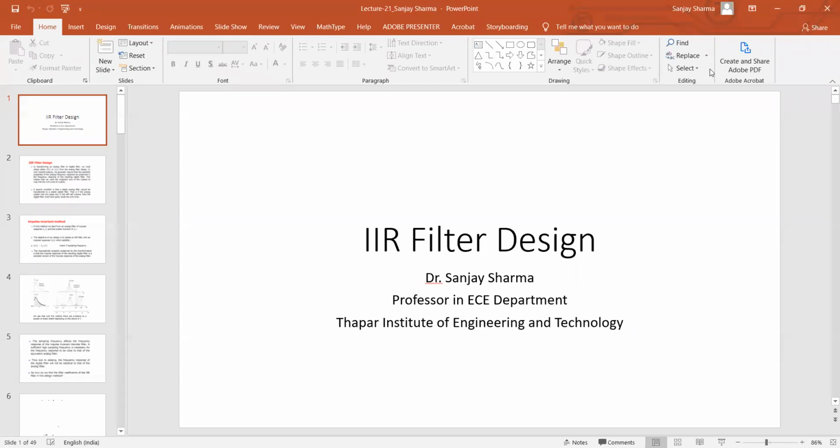The approximation of derivatives method is useful for low frequency, that means for low pass filter design or band pass filter design in which the resonant frequencies are smaller. But it is not a very good choice for the high pass filter design.